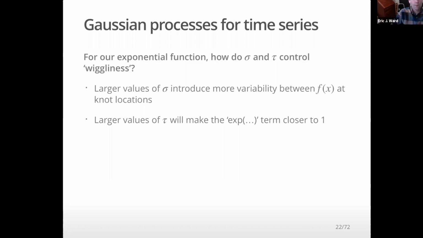Sigma is going to make the peaks and the troughs of this function, as we're fitting it through data, larger. In contrast, tau is going to make the whole exponential term closer to 1. So that's going to really control how quickly the function decays as we get further away from the values at those knots.